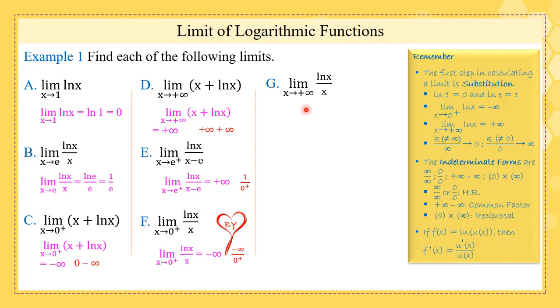Now this limit, by substitution we get plus infinity over plus infinity, and this is an indeterminate form that is usually solved using L'Hopital's rule. Remember, we derive the numerator alone and the denominator alone.